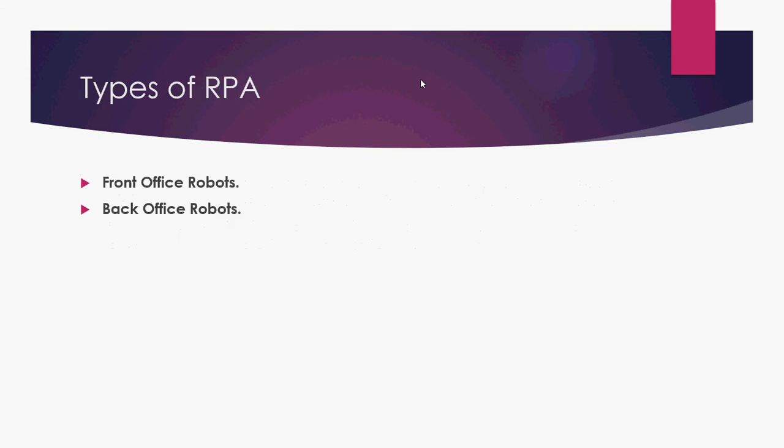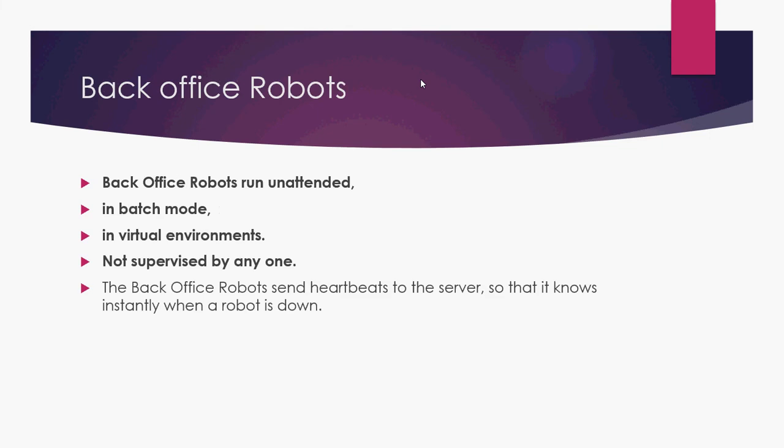Types of RPA. There are two main types of RPA: front office robots and back office robots. Back office robots run unattended. Unattended in the sense that there is no human intervention to perform the application in batch mode.